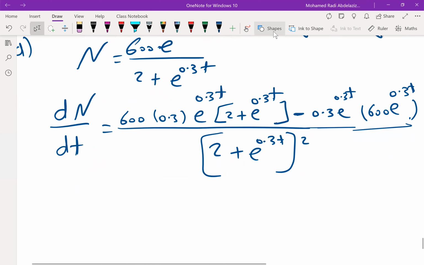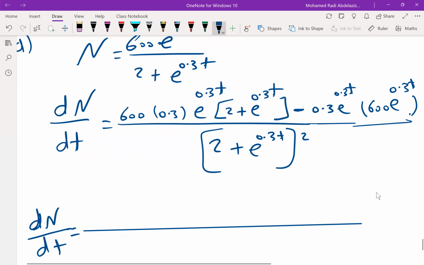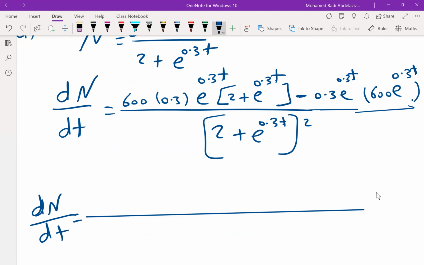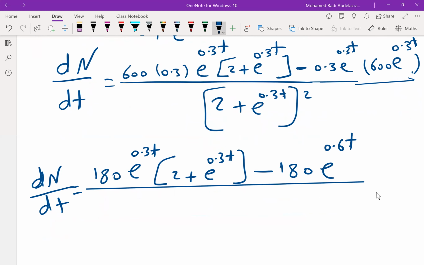Now you can simplify more. dN by dt is equal to 600 times 0.3, which is 180, e to the power of 0.3t, multiplied by 2 plus e to the power of 0.3t, minus 180 e to the power of 0.6t, divided by 2 plus e to the power of 0.3t the whole squared.